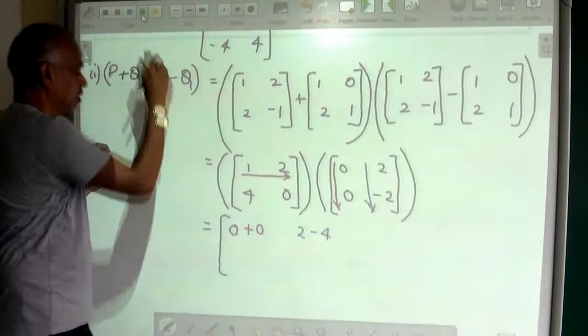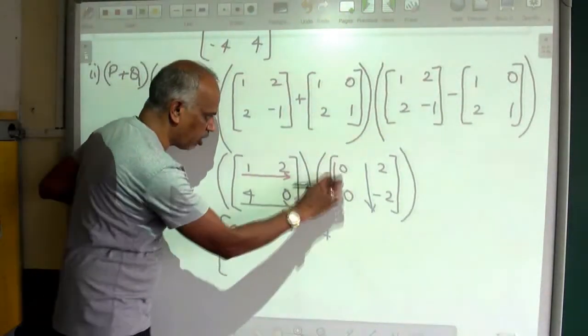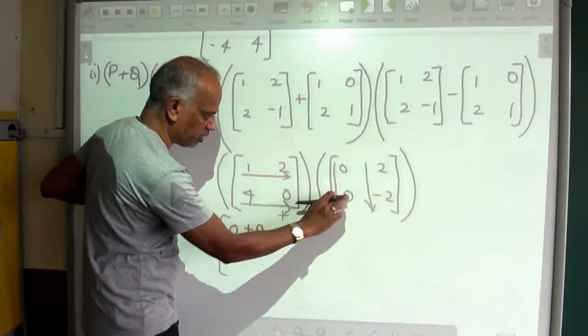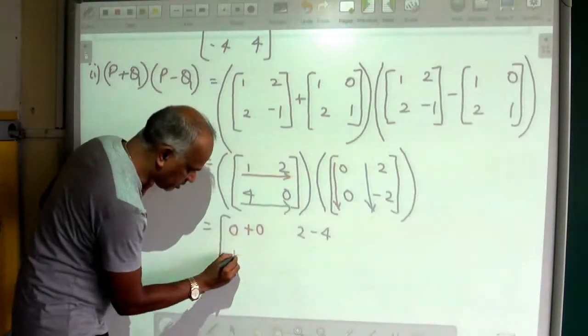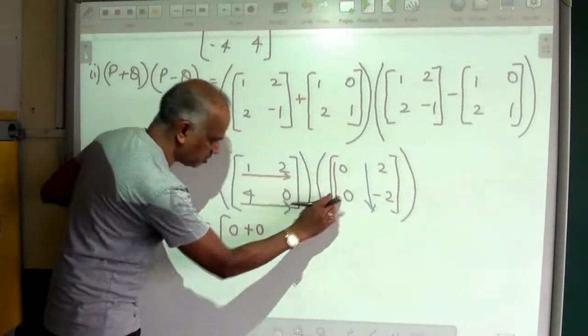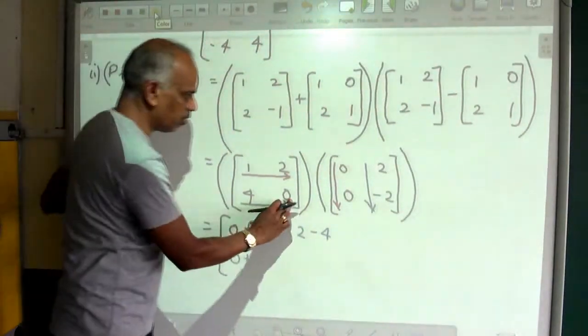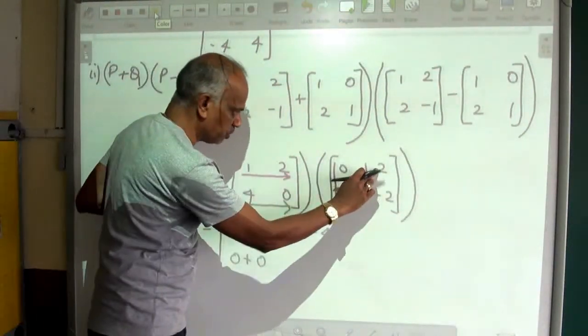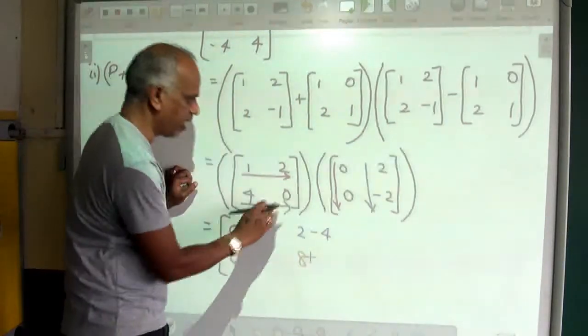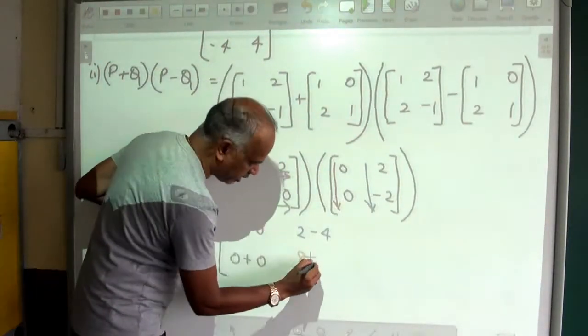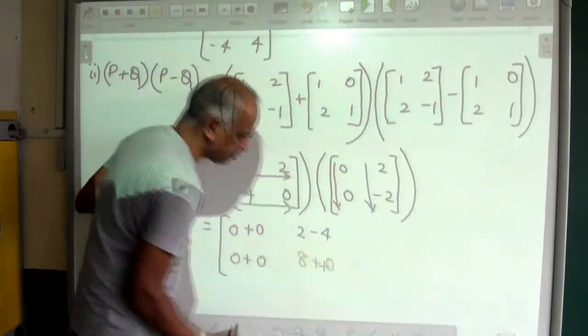Next, second row with first column, that is 4 into 0 and 0 into 0. 4 into 0 is 0, plus 0 into 0 is also 0. Then second row with second column, 4 into 2 is 8, and 0 into minus 2 is 0.